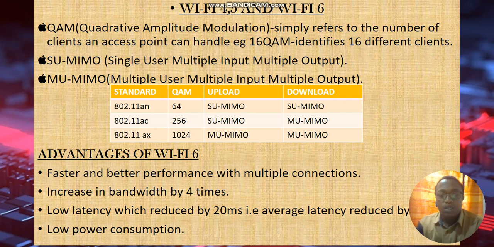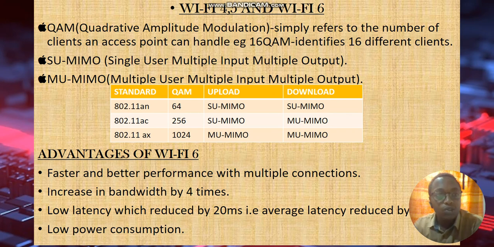Now, in order to understand this, we need to understand some of these concepts. We have QAM, which stands for quadrature amplitude modulation. This simply refers to the number of different clients that an access point can hold. When we talk of SU-MIMO, this means single user, multiple input, multiple output.